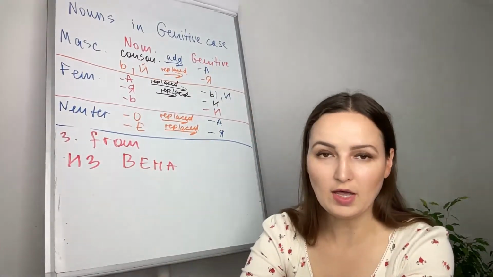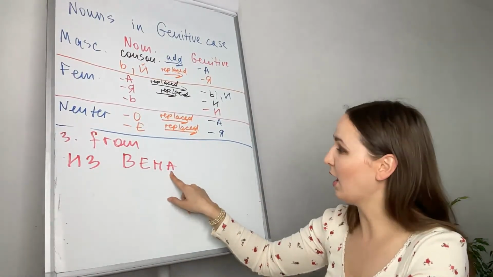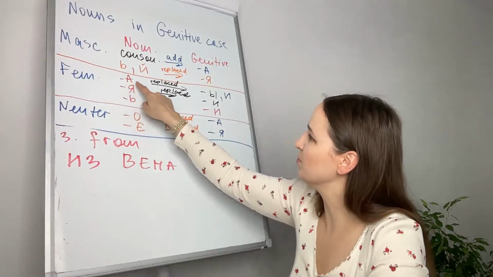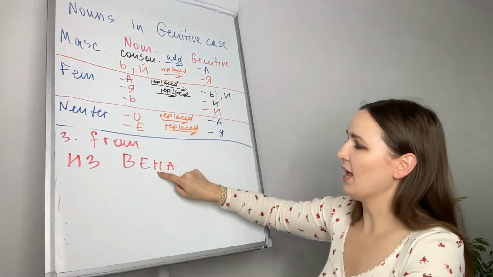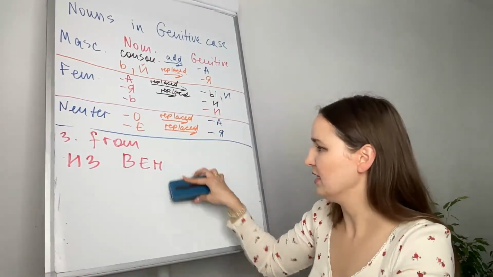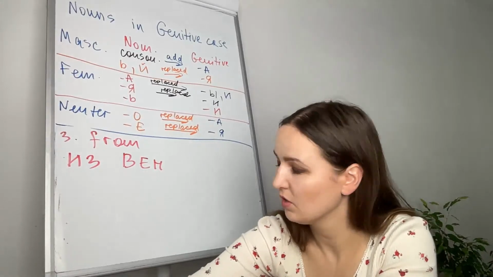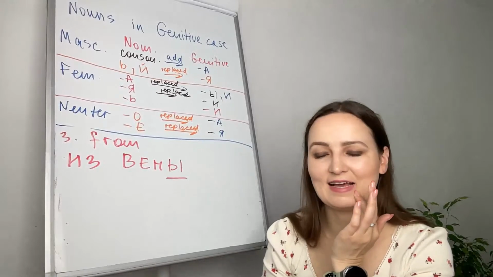From Vienna. Вена is feminine, it ends in a, so in feminine we replace a with и or е. Н supports и, so we will write и here. Из Вены. Из Вены. From Vienna.